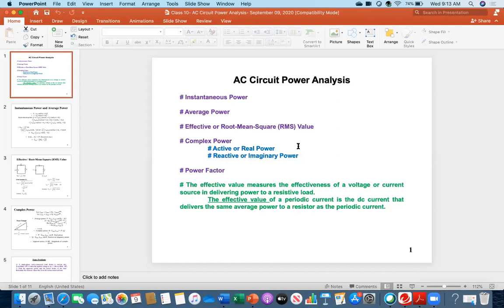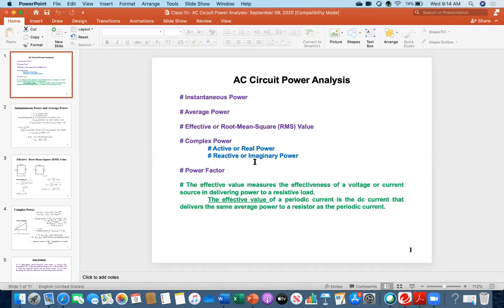But once it is AC, especially the fourth bullet, the complex power, I am going to explain soon what this is. Complex power has two components. For example, in impedance, Z equals R plus j(XL minus XC), as you have learned, or in admittance, they have both real and imaginary components.